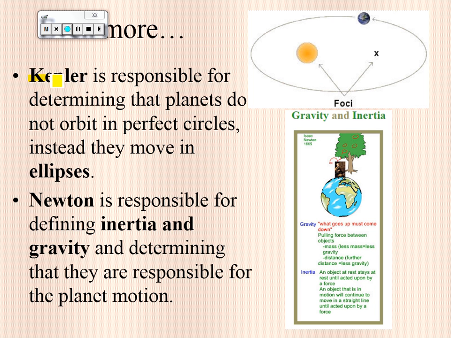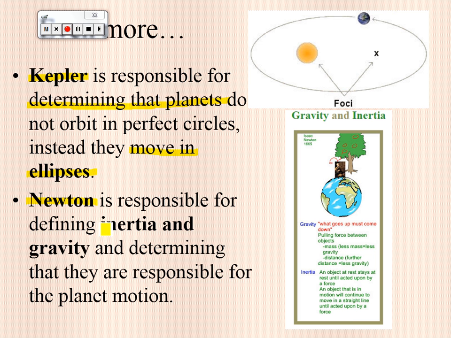Okay, so Kepler comes along much later. He says that the planets do not orbit in perfect circles. Instead, they move in ellipses. So he's responsible for determining that planets move in an ellipse, like a squished circle, more like an oval. And then Newton explains why this is even possible as far as the movement of the planets.